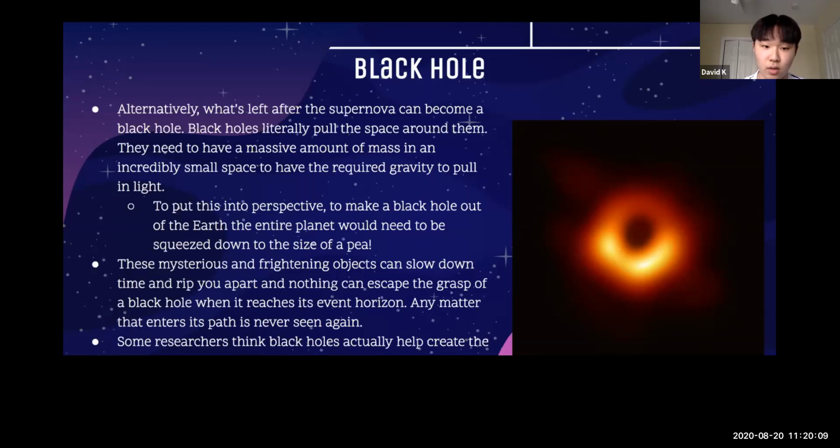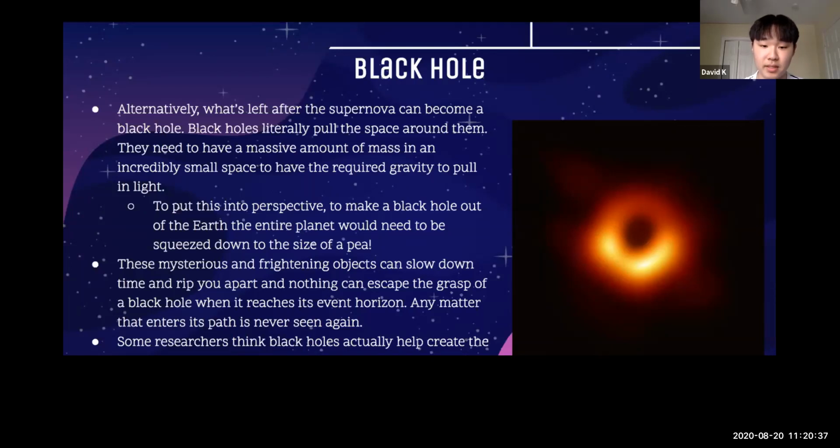You guys probably know what black holes are, but they're the end of the supernova phase of a star cycle, and they basically pull everything around them into them. They're basically massive amounts of mass in a very small space, and they have strong enough gravity to pull in light, which is why we call it a black hole.